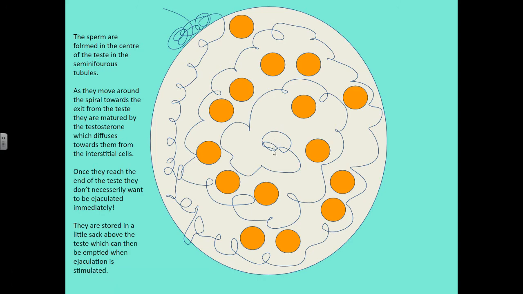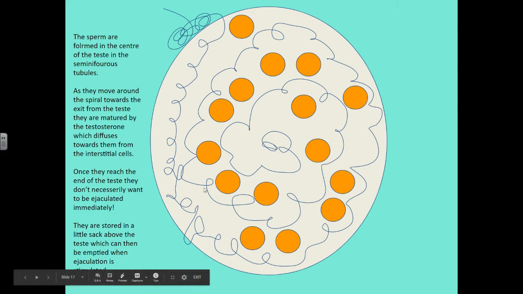So in the center of the testes, that's where we start. We have the very, very immature, just meiosed sperm cells. So they've just been made out of the gamete mother cell. As they move round this, moving their way round slowly through this kind of convoluted tubule, which is called the seminiferous tubule, they will eventually work their way out of the testes.